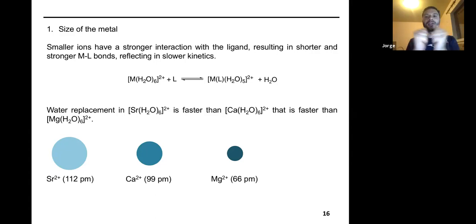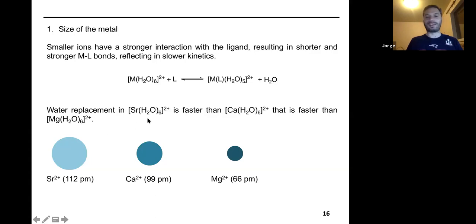There is an electrostatic interaction between the two. If we have a small ion, the ligand can get closer. That shortens the chemical bond and strengthens the bond. So it's hard for the ligand to leave and insert the L ligand.